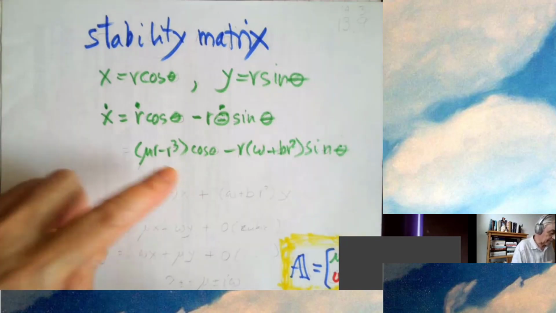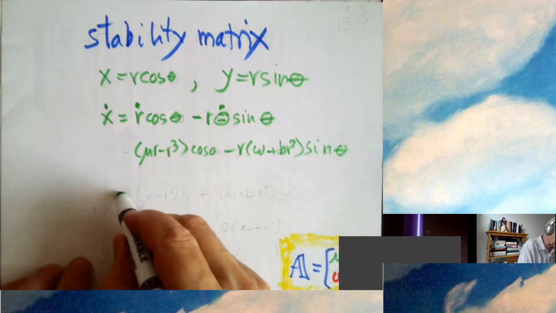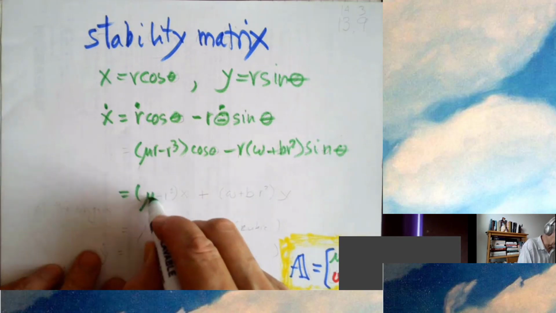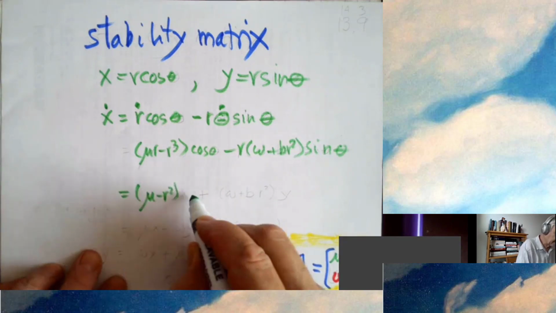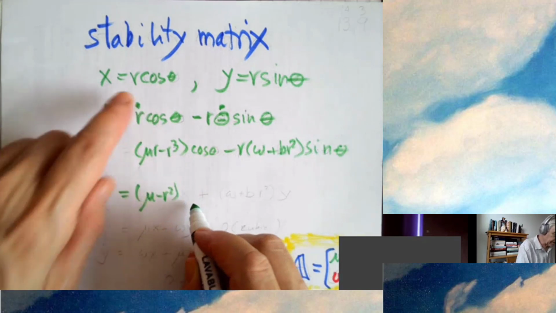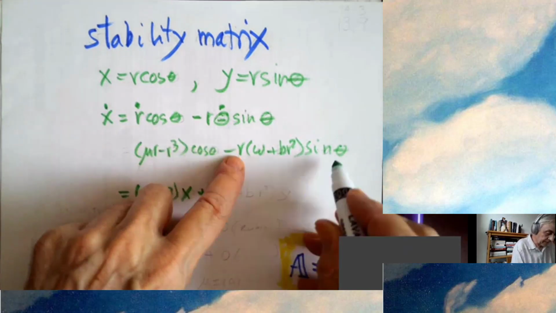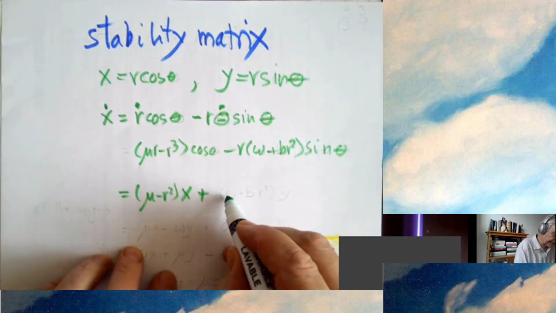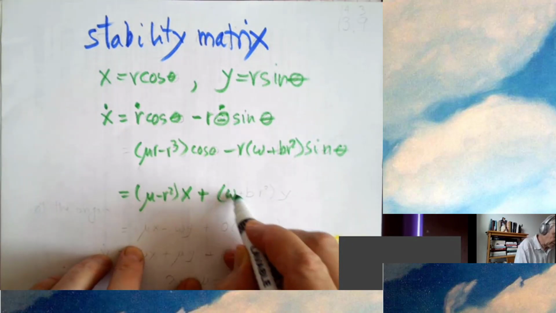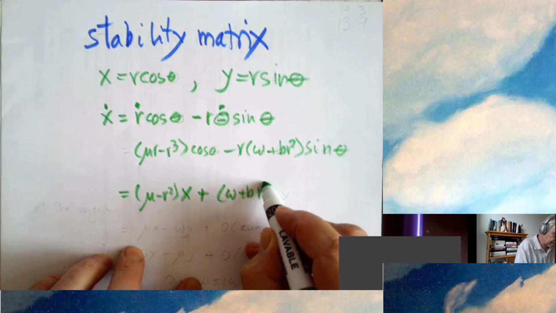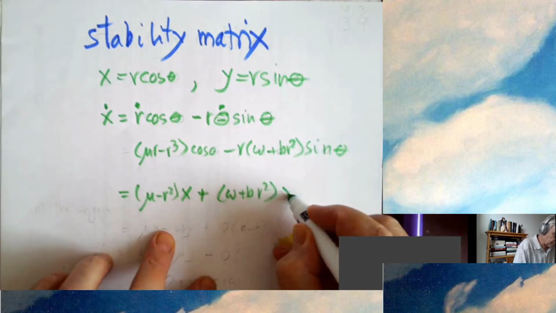I take r out. So I get this to be proportional to mu minus r squared. R times cosine is x. This also has r in it, so this is omega plus b r squared, this term, times y.